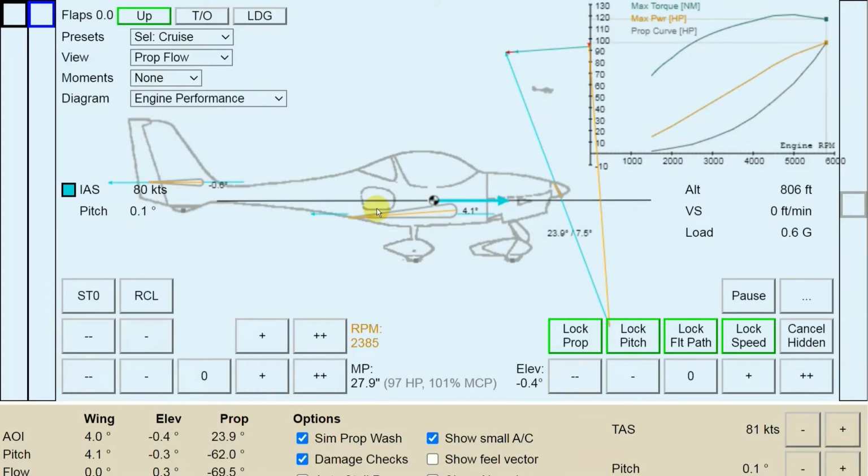Next, let's see what happens if we fly slower. Let's reduce our airspeed to say 60 knots and store this situation as well.